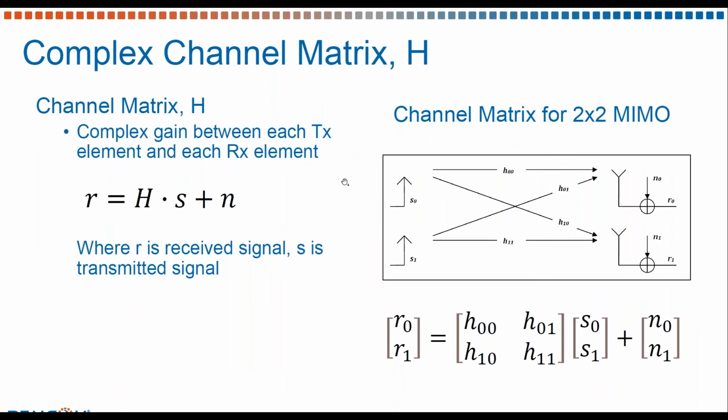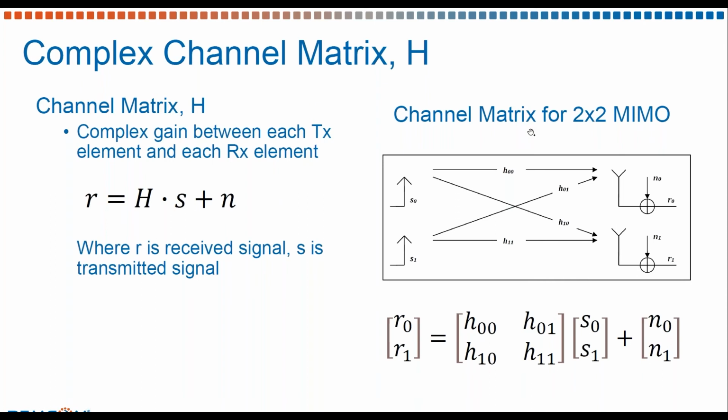So moving on, we have our complex channel matrix, or the H matrix. This is a matrix of the signal between every transmitting and receiving element within MIMO arrays on either side of the channel. Here, R is the received signal and S is the transmitted signal, where H is our channel matrix entry.